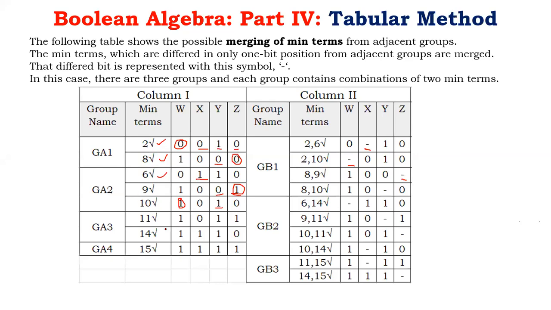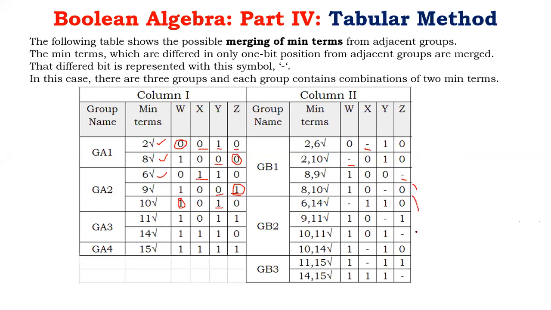Again for GA2 to GA3, every element should be compared with respect to the 1 bit position change, and we will get 6 and 14, 9 and 11, 10 and 11, and 10 and 14.